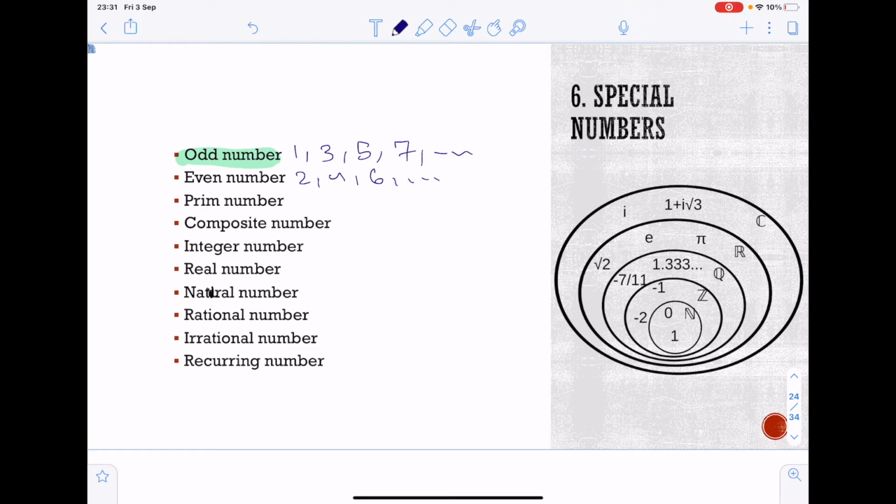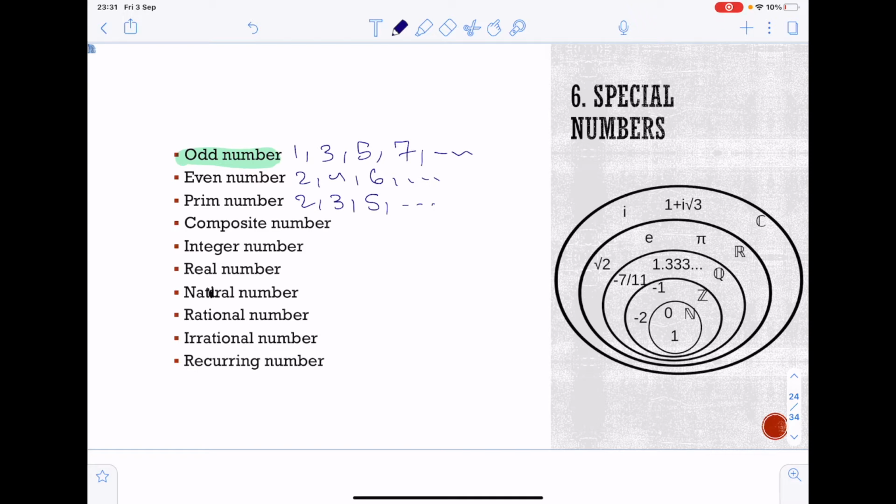Also, we have the prime numbers. The prime numbers are the numbers that have only two factors, 1 and itself. So 2, 3, 5 are all prime numbers. We also have the composite numbers.